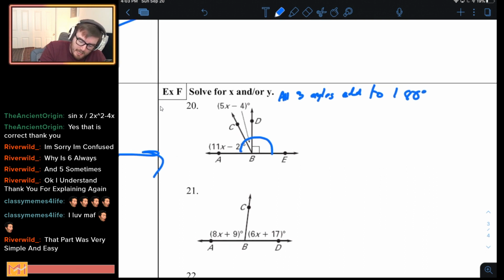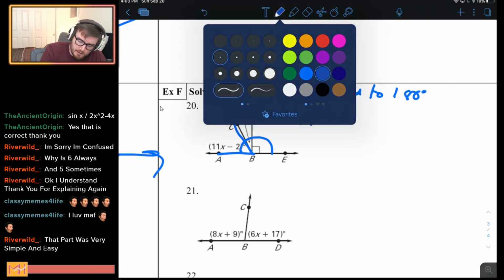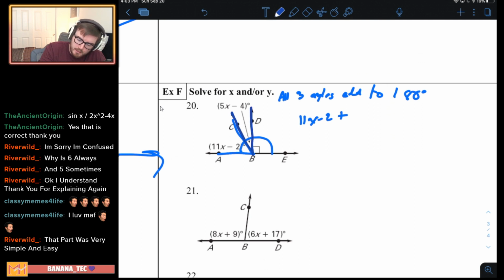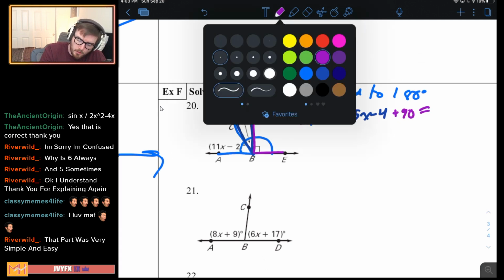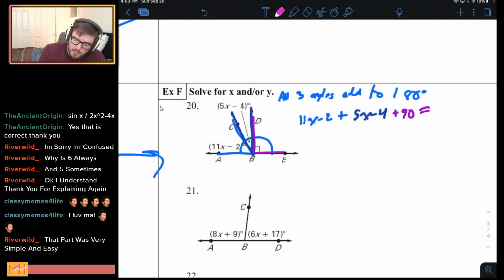And what does that mean? That means that ABC plus CBD plus DBE equals 180. That's what that means.